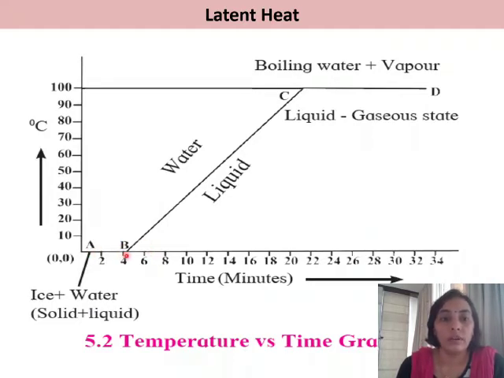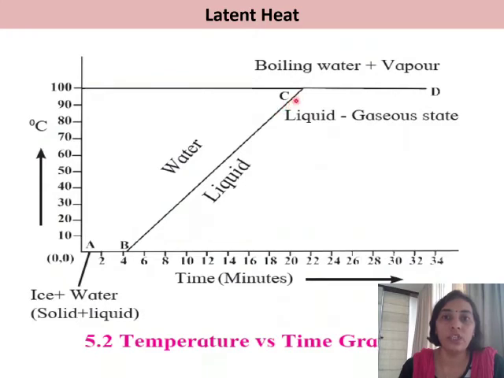Now, when you reach this point here, you find that the solid ice has converted into liquid completely, and now you find that the temperature steadily goes on increasing, and there is water and liquid. There's only one phase here, and the temperature constantly increases.